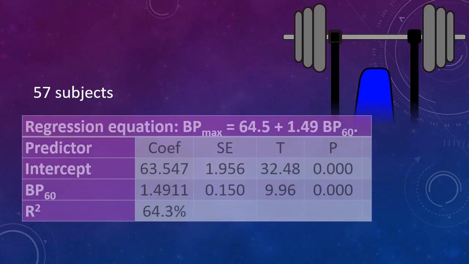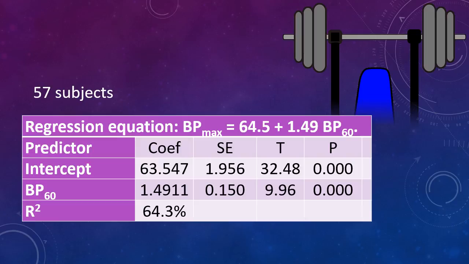This computer output shows the information necessary to conduct a test of a slope. There's a line in this table for the intercept and another line for the slope. The slope here is listed as BP60, which was the name of the variable used for the number of repetitions that each person could do at 60 pounds. The coef column, that's short for coefficient, lists the estimated value for each given parameter.